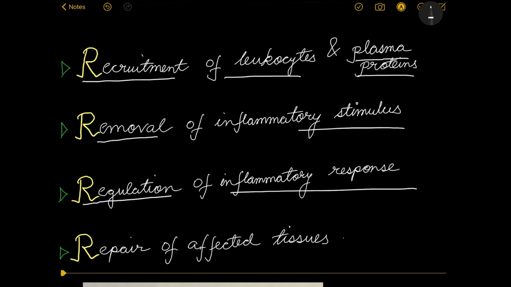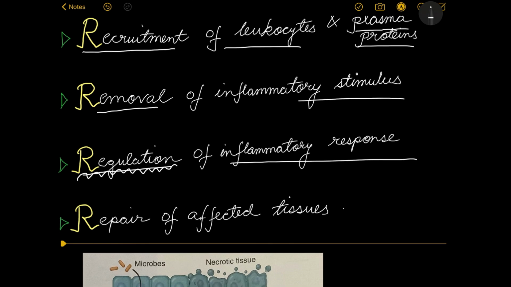So our body, the host, has to balance, and it has to ensure that inflammation does not become a damaging process, because inflammation is somewhat damaging to the host tissue as well. So regulation of the inflammatory response is very much required. Otherwise inflammation would become self-harm inflicting.